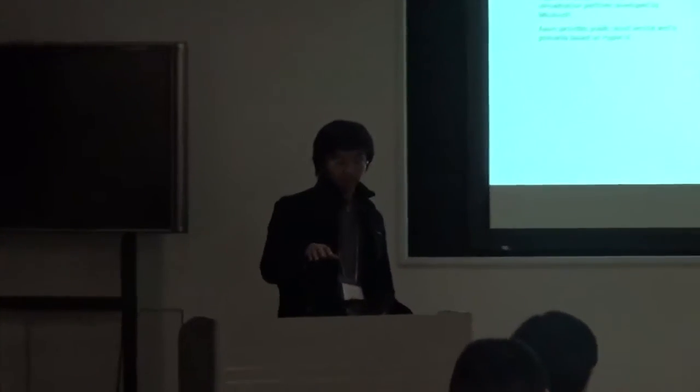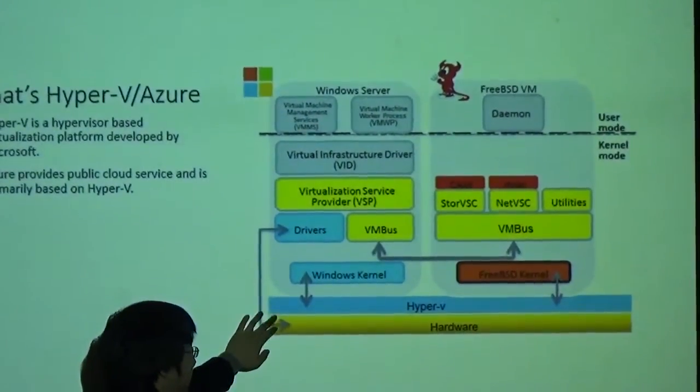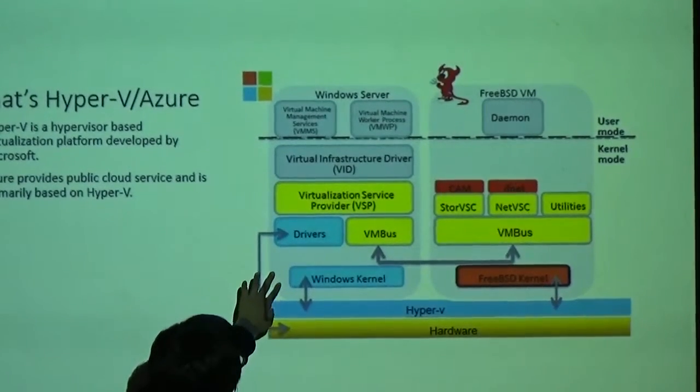So if your system can run smoothly on Hyper-V, it means your system can run smoothly in Azure. Here is the basic architecture. This is Hyper-V, which talks directly to the hardware.